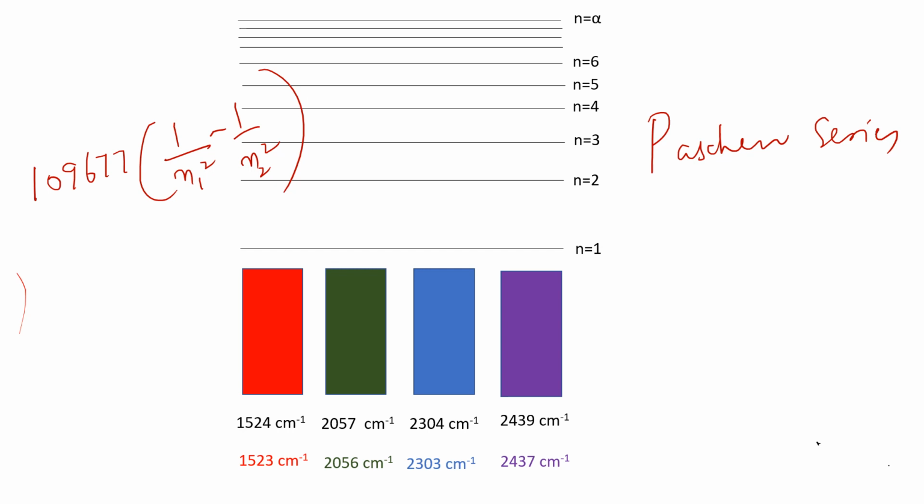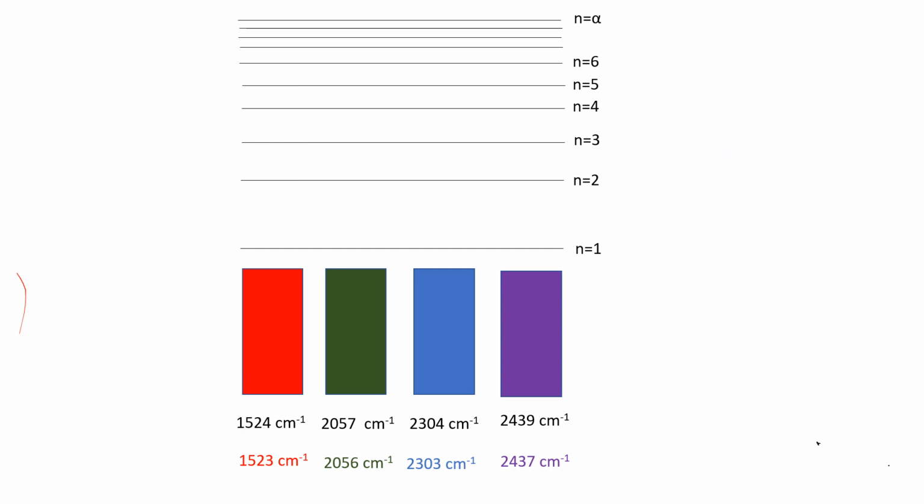In the case of the Balmer series, you are able to predict the transition of the electrons when it falls from a higher orbit to 2 using the Rydberg mathematical expression, and you can predict the wave number of every line in the line spectrum of hydrogen.